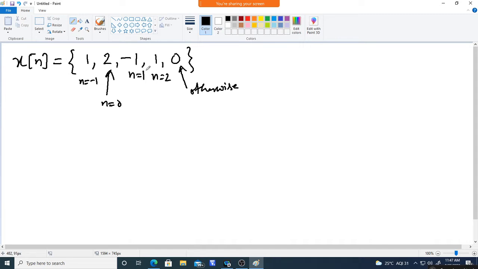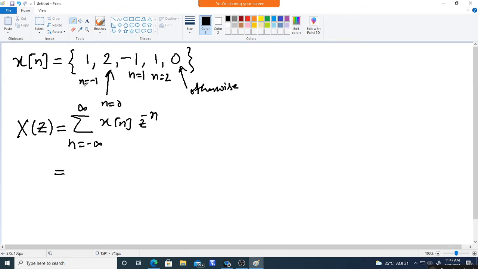Now we have to find out X of z. We know the X of z equation, which is the summation from n equal to minus infinity to plus infinity of x of n into z power minus n. Now if you want to substitute the values, you can see the input x of n for a particular value of n.